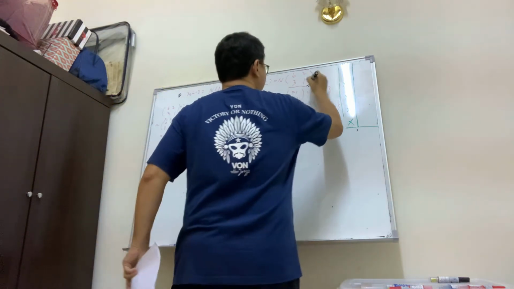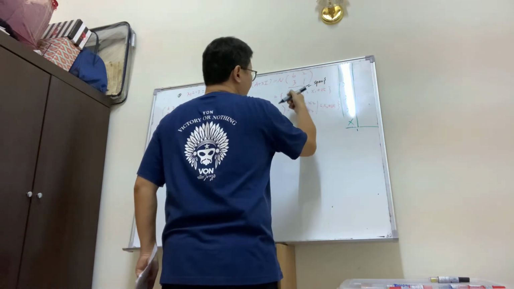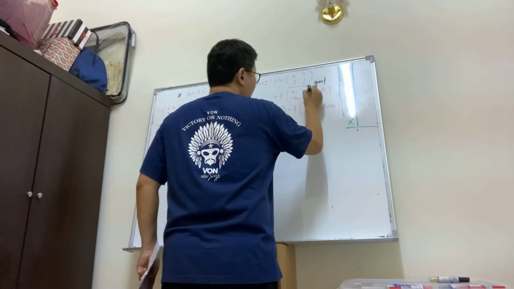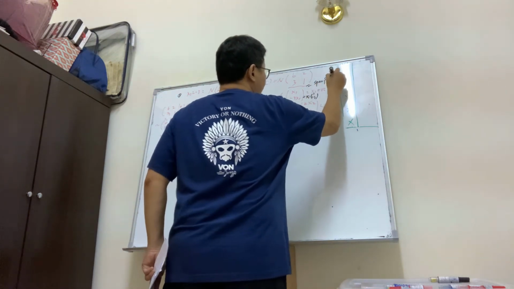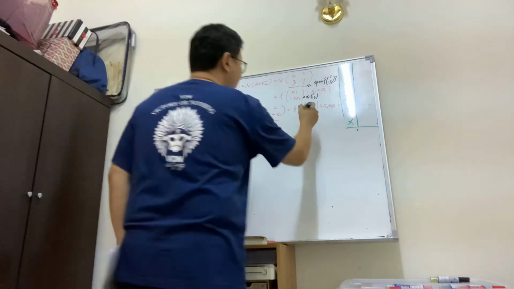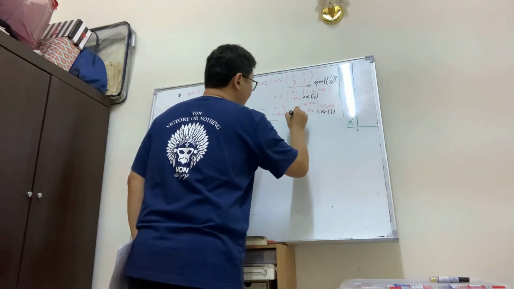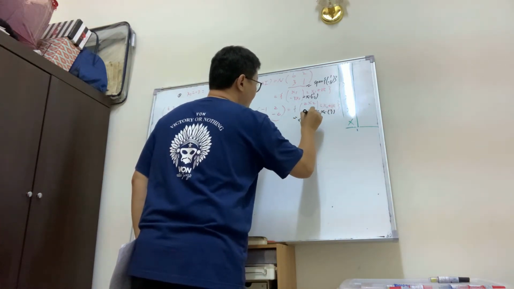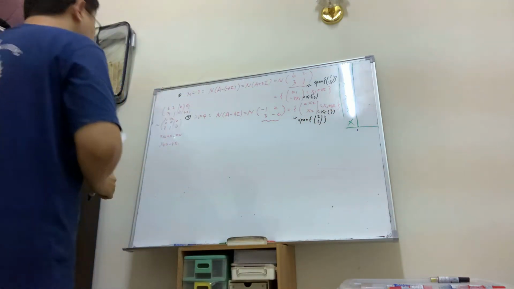Here, as we said, is exactly the span of this vector. It's equal to S1 times 1, negative 3, so we could write it this way: the span of 1, negative 3. And for this one, you could view it this way. It's S2 times 2, 1, so it's exactly the span of the vector 2, 1.